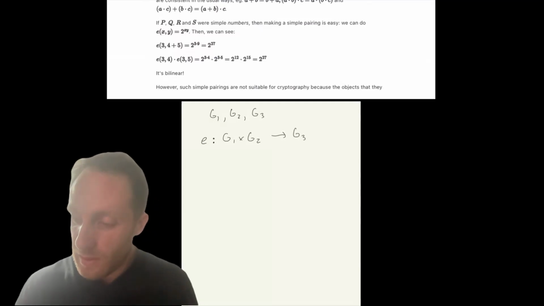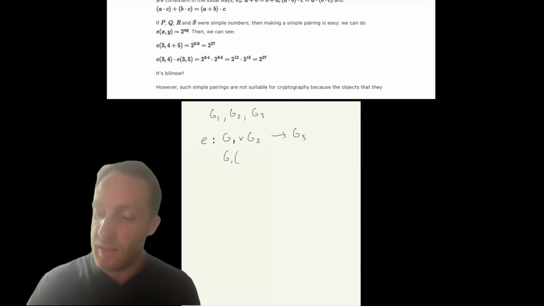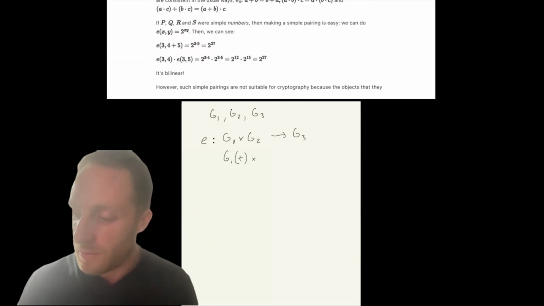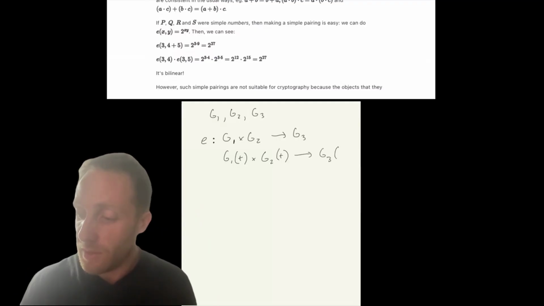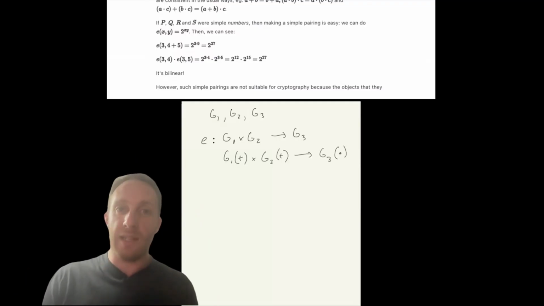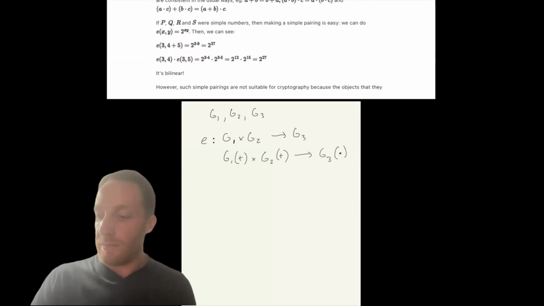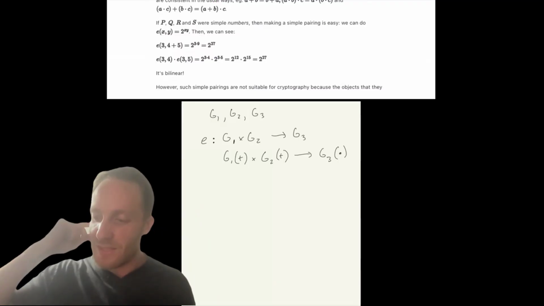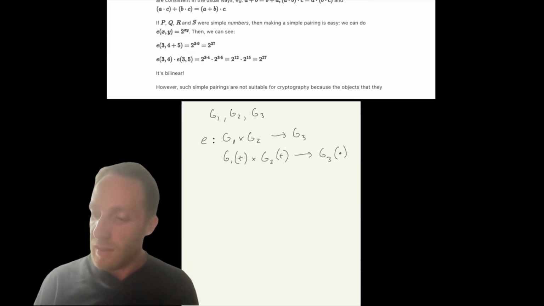G1 is a group with plus; the cross here is not multiplication, it's just the cross product of these two groups. G2 with plus, and it goes to a group G3, which uses multiplication as its operation. Okay, but that's effectively the idea.